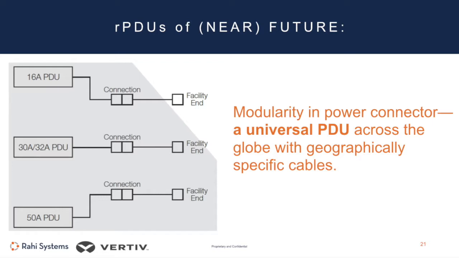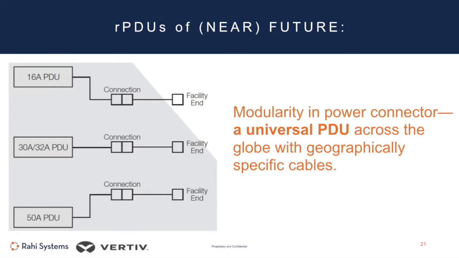If we contrast that with the quote-unquote universal design on the right-hand side, you'll notice that I don't have a 16 amp, a 30 amp, and a 50 amp PDU. I have what's dubbed as a universal PDU. I have a unique connector that is affixed to the PDU. You'll have the female side affixed to the PDU. Then the male side of that connector will then be hardwired to whatever plug is required at the facility end.